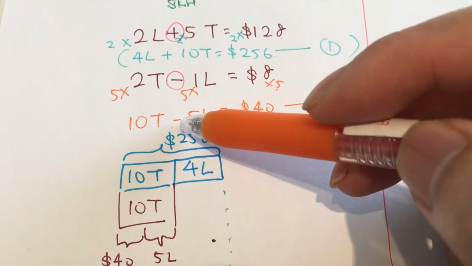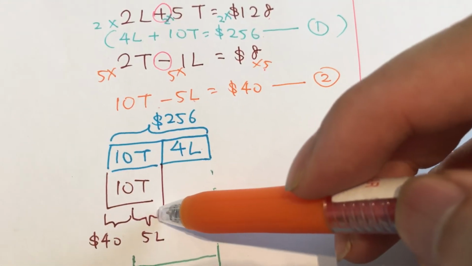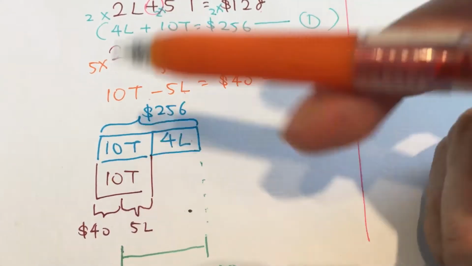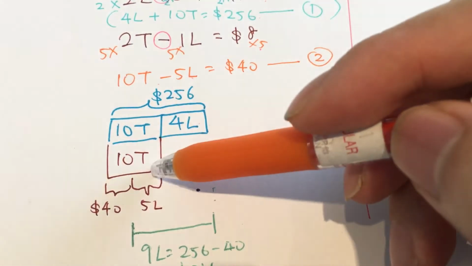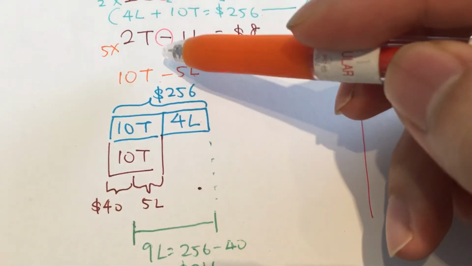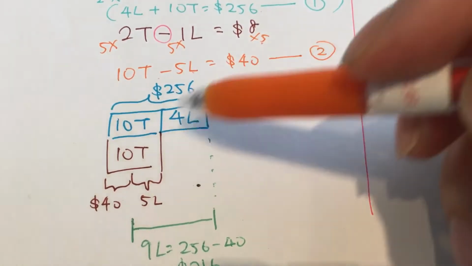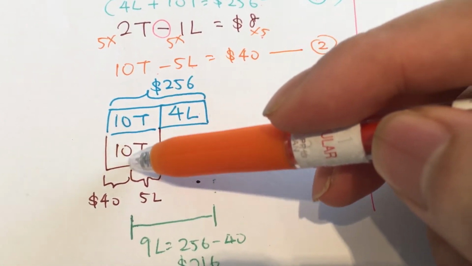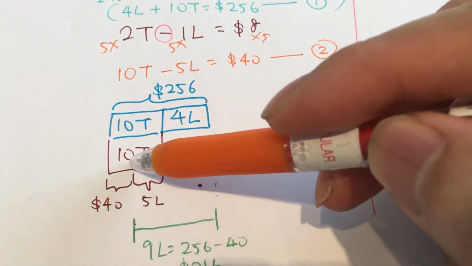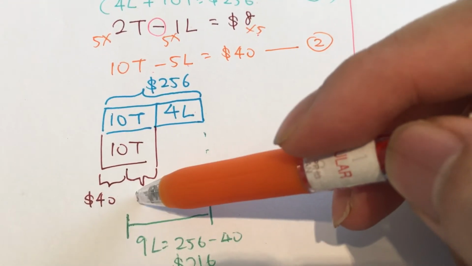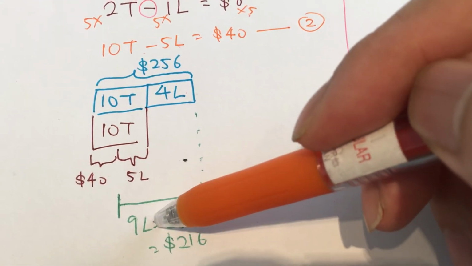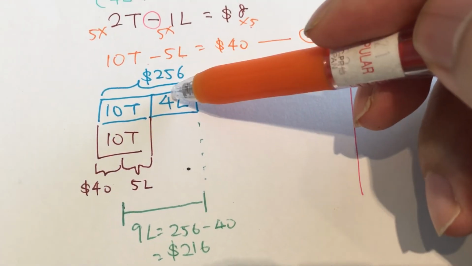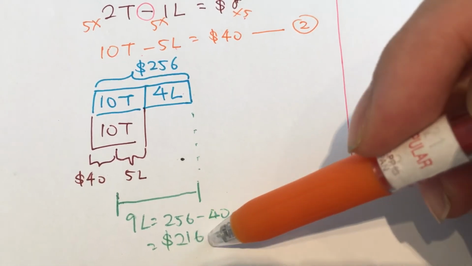Then 10T goes back by 5L because it's minus, and equals $40. If you draw a line, you can see 5L plus 4L is 9L, and its value is 256 minus 40, which is 216.